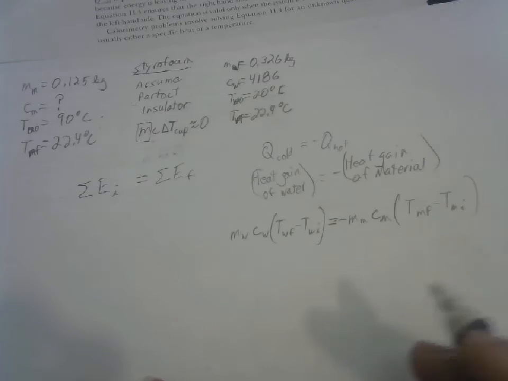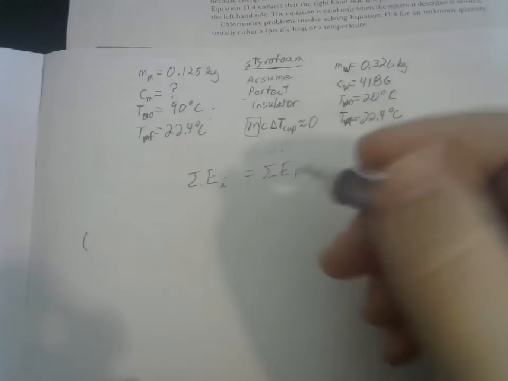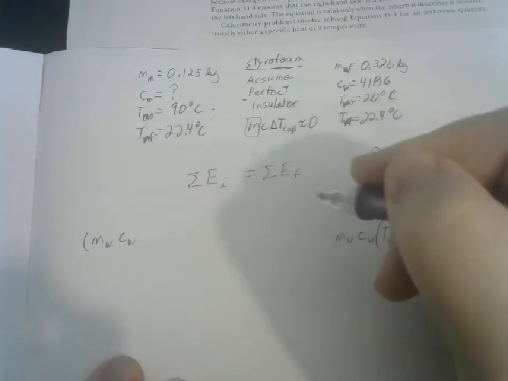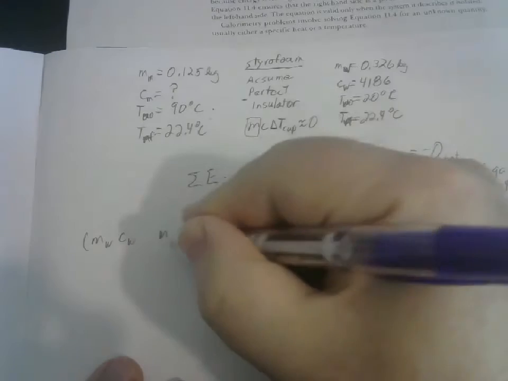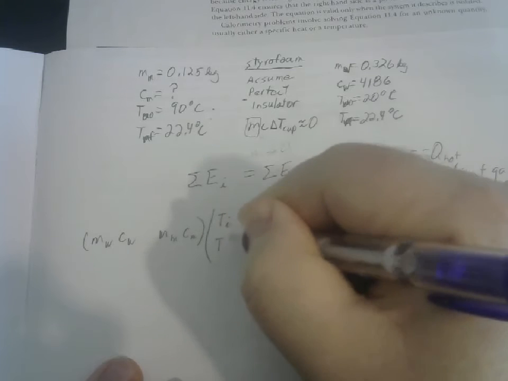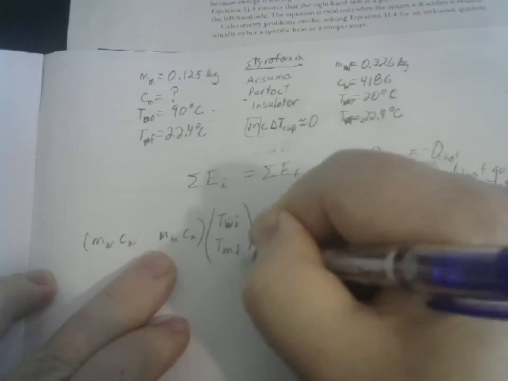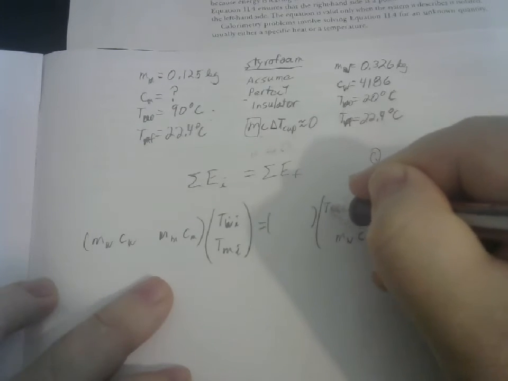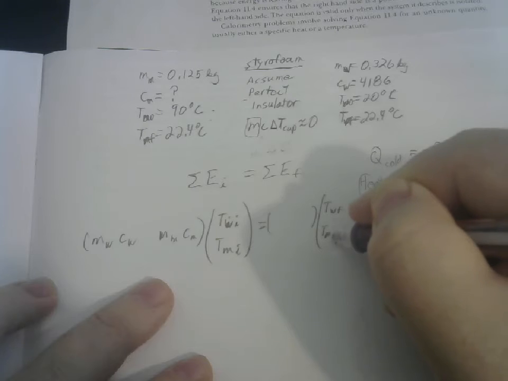When things start to get ugly in terms of writing out terms, I like to write things in a more convenient form, through a matrix multiplication, which would be mass water, C water, and mass of the material, C material, times T water initial, T material initial, equals that same matrix times T water final and T mystery final.